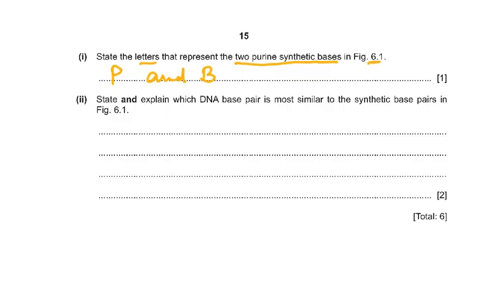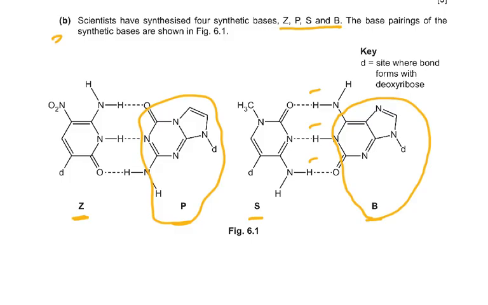Then part 2, last question, last part. State and explain which DNA base pair is most similar to the synthetic base pairs in figure 6.1. Now let's look at that. Now here what do we have? They're both C and G. So they're similar to C and G. Why? Because they're held together by 3 hydrogen bonds, same as the artificial base pairs.